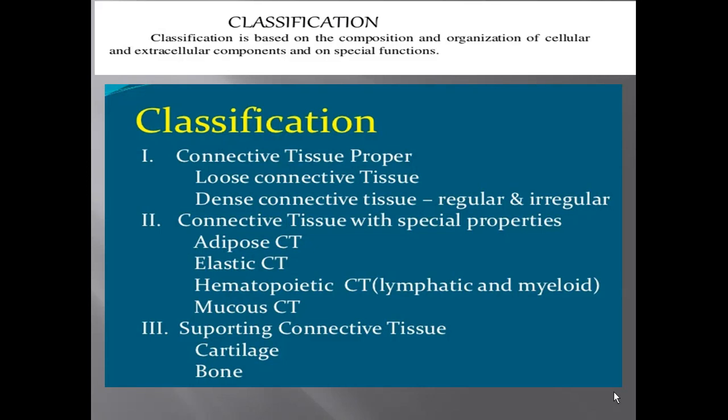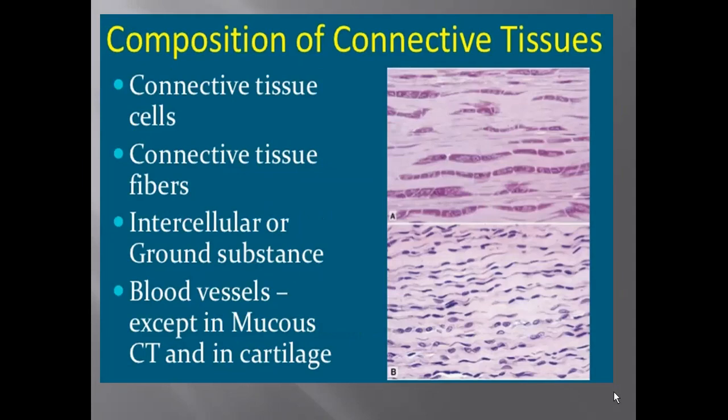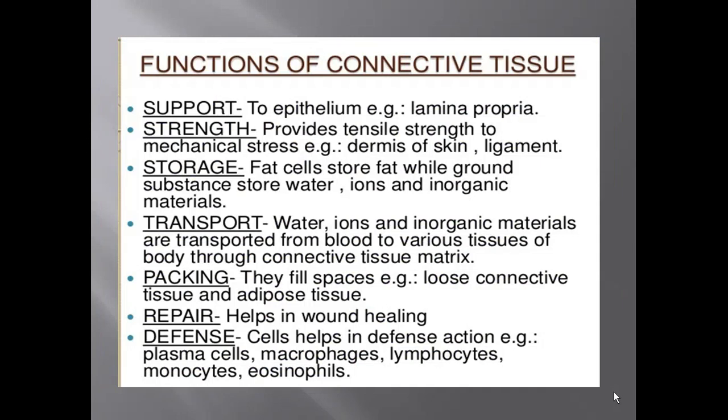Classification: if it is based on the composition and organization of the cellular and extracellular components, then you give me three types. But if I ask about the four criteria, that means you give me two: embryonal and adult. The function of connective tissue: this slide is very essential. Without this slide, you cannot understand the systems we will cover in the future.